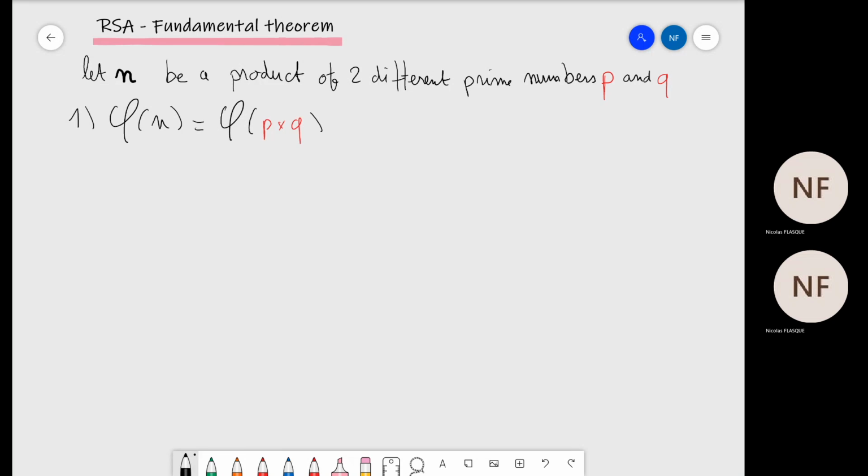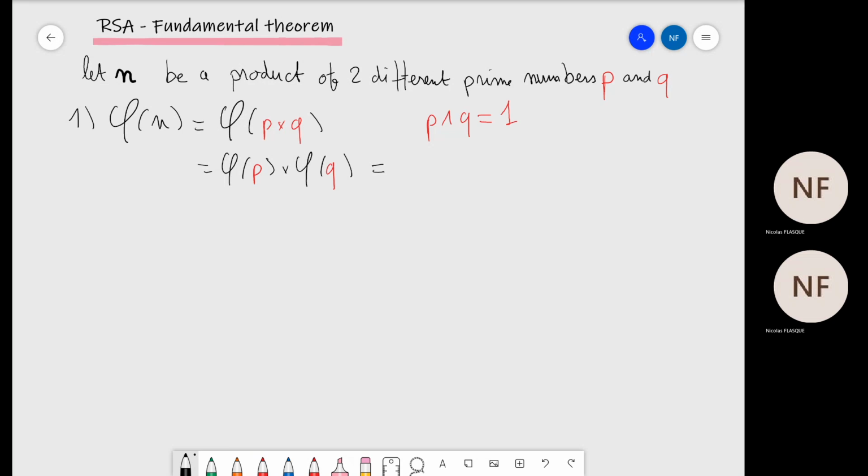And as p and q are prime numbers, they are coprime, as they are different. So the GCD of p and q is equal to 1, which allows us to write that phi of p times q is phi of p times phi of q.